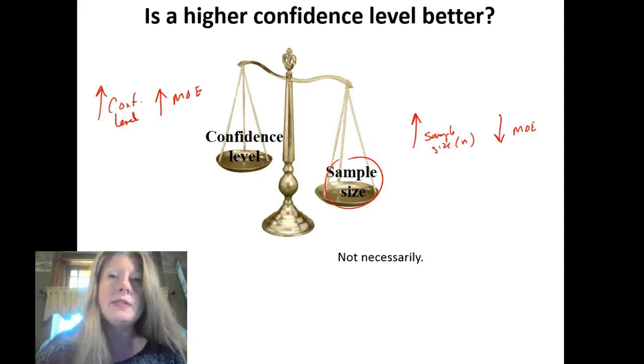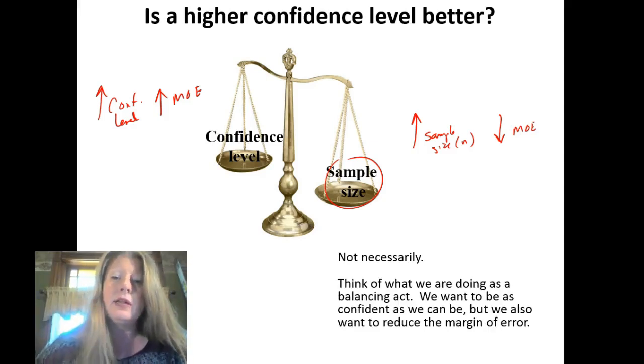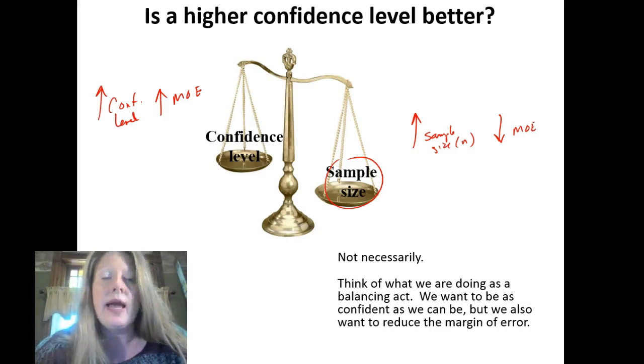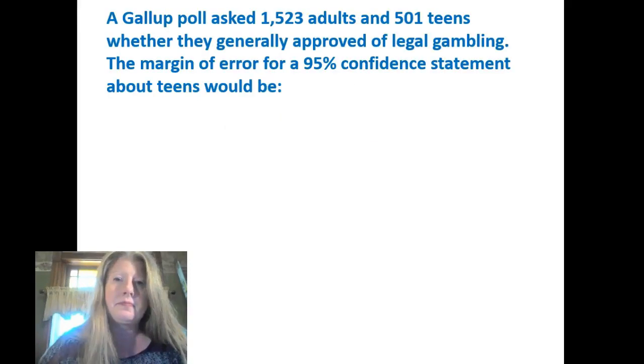So a higher confidence level, is it better? Not necessarily. This is all a balancing act, and we have to figure out what's most important. Is it more important to be very, very confident, or is it more important to have some precision in our estimate? And if both are important, there are things you can try to do to still have a lot of confidence, but still have some precision.